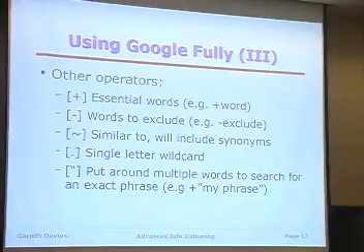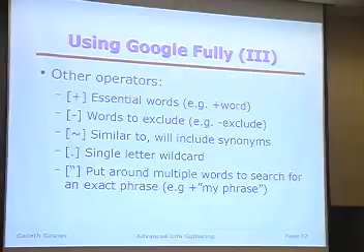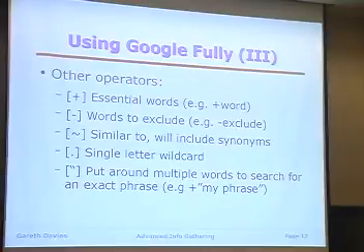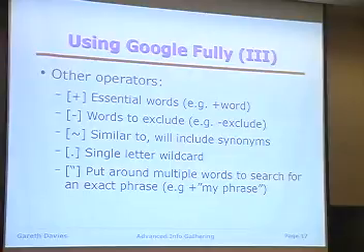And then the full stop is a single letter wildcard. Usually you put it if there might be spaces or different characters separating a string. And then the quotes are used to search for an exact phrase. So say if you required an exact phrase, you'd put plus and then quote the words. So then it would guarantee to reveal that phrase.